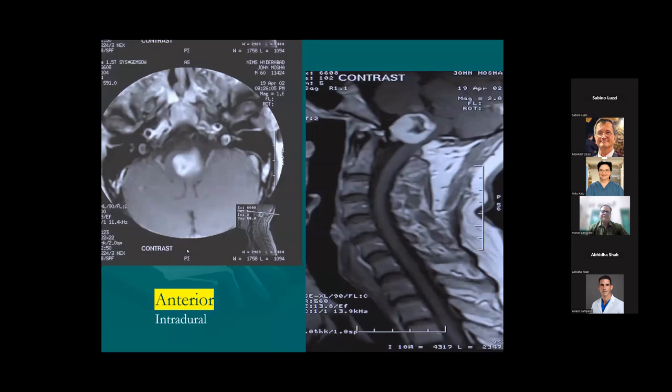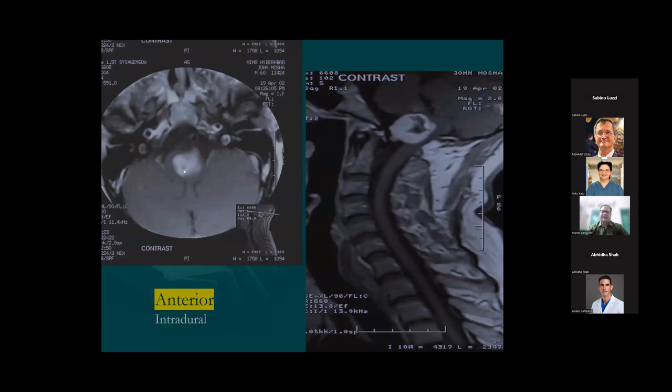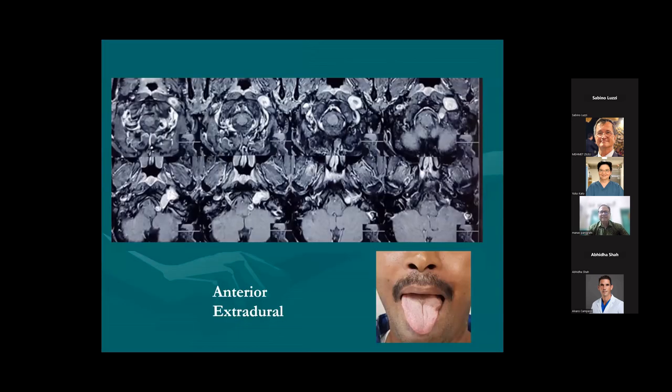Like this patient is a purely anterior intradural tumor. These intradural tumors are not good for a transfer as it is seen posteriorly. It is better to do a posterior approach. Whereas this tumor, which is purely anterior, is an extradural tumor with very small intradural extension, and this has to be done through an anterior approach, and we did a high cervical extrapharyngeal approach.